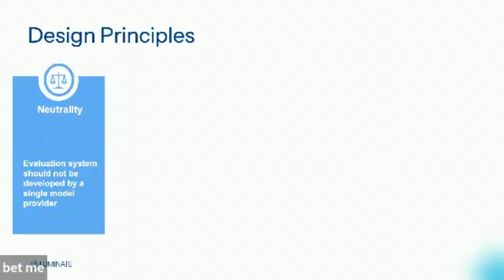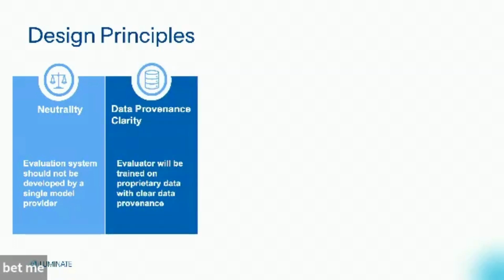When we designed this evaluator, we had to keep in mind certain design principles. We wanted evaluator model backbones that are not developed by one organization, or that don't support just one model backbone. We wanted to include machine learning backbones from various organizations so that neutrality is taken care of at every step in the process. We also wanted to look at what data was used to train these models and what the data provenance looks like.